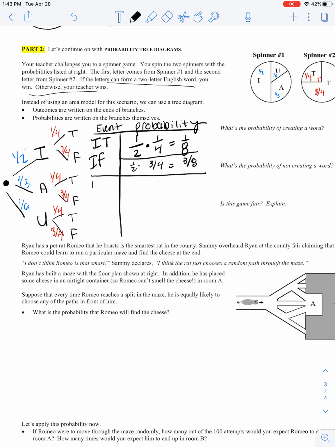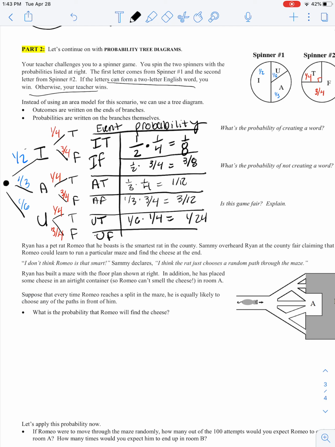The next event, spinning A, T, 1/3 times 1/4, which is 1/12. Next event, AF, 1/3 times 3/4, which is 3/12. Next event, UT, 1/6 times 1/4 equals 1/24.